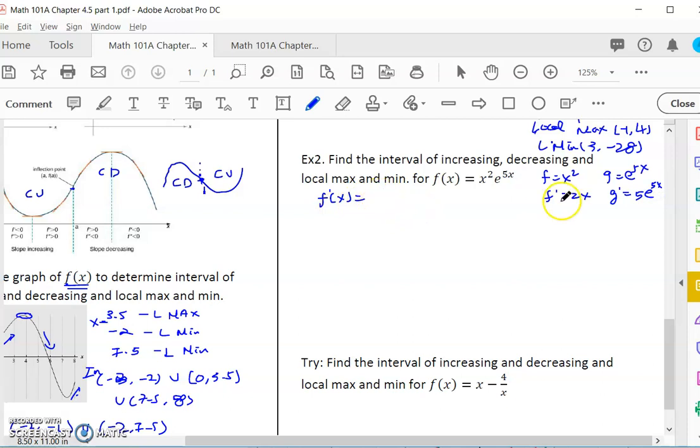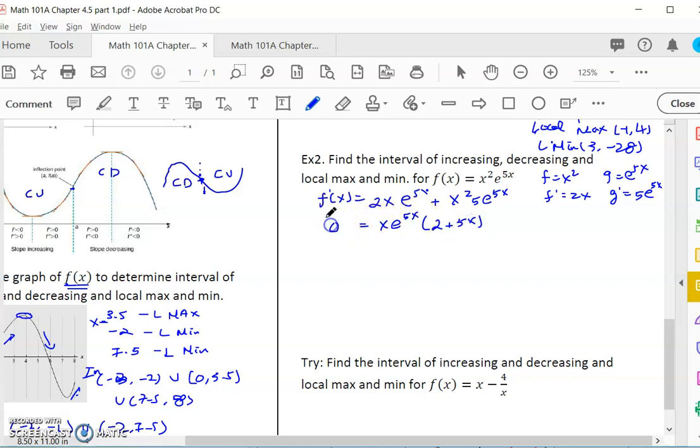So f prime would be 2x e to the 5x plus x squared times 5 e to the 5x. And there are a lot of things that you can factor out. x and e to the 5x can be factored out, and it would be x e to the 5x times (2 plus 5x), right?